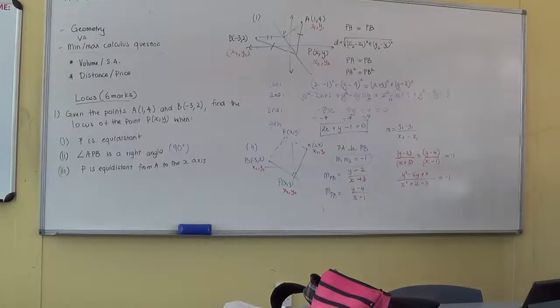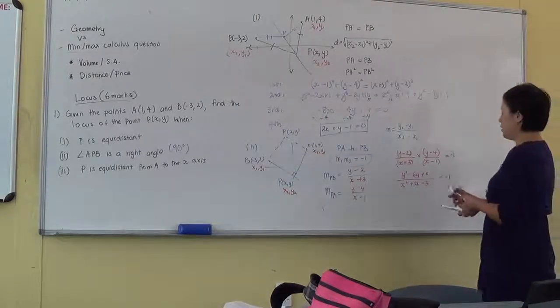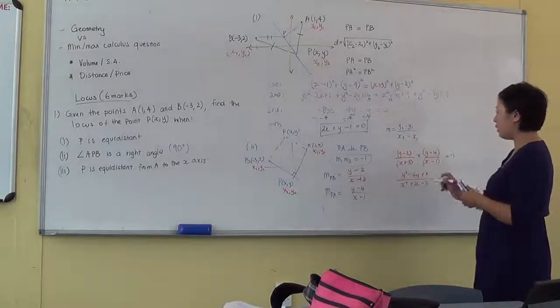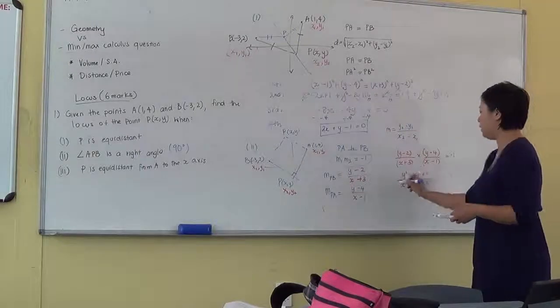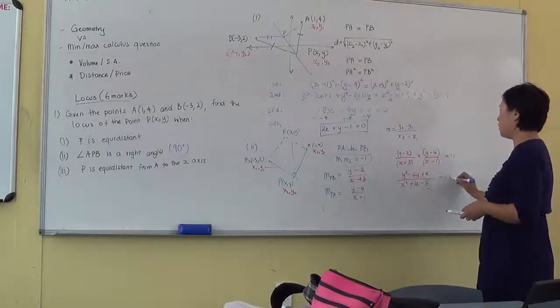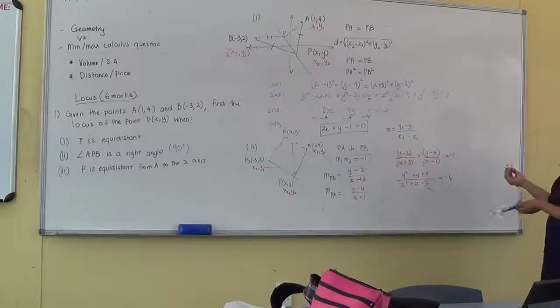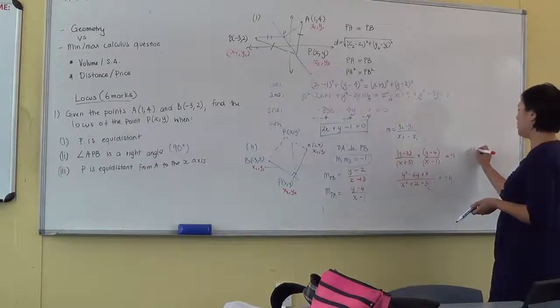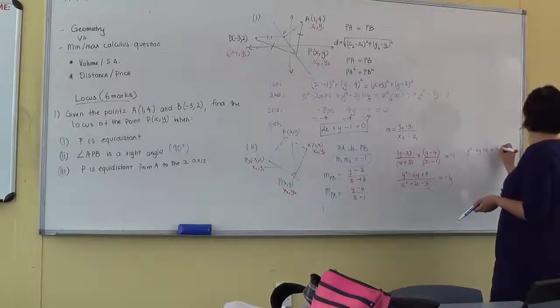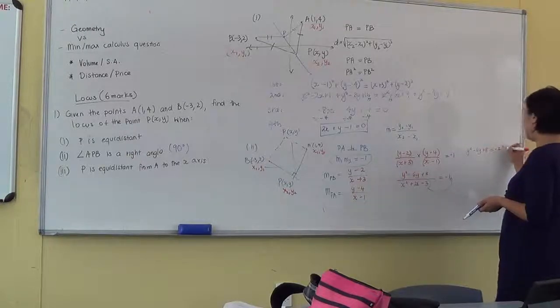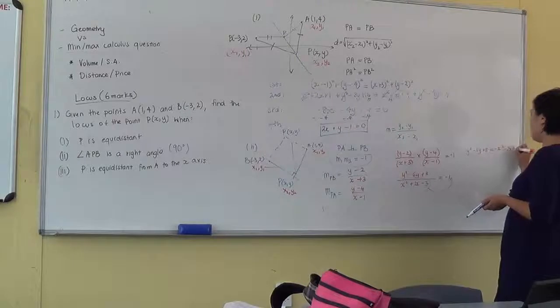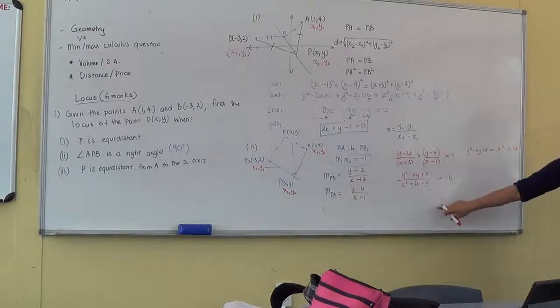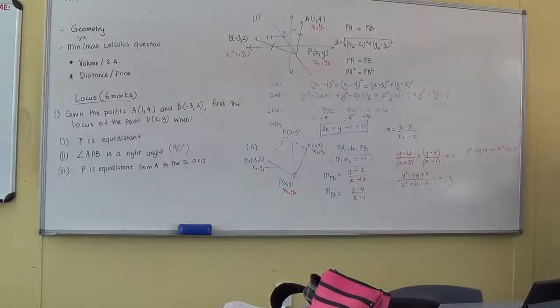And now, the last step is you're going to take the denominator and times it to the right hand side. So y squared minus 6y plus 8 equals negative x squared minus 2x plus 3. I've just multiplied all of it to the other side.